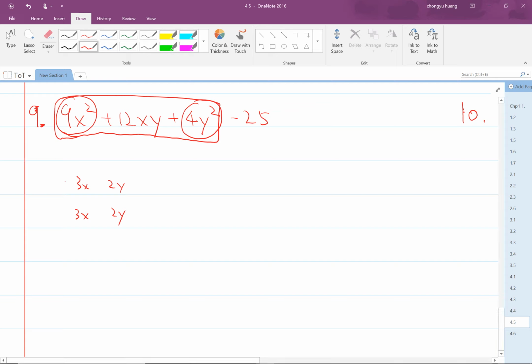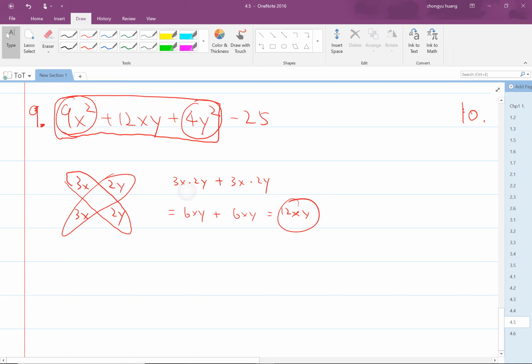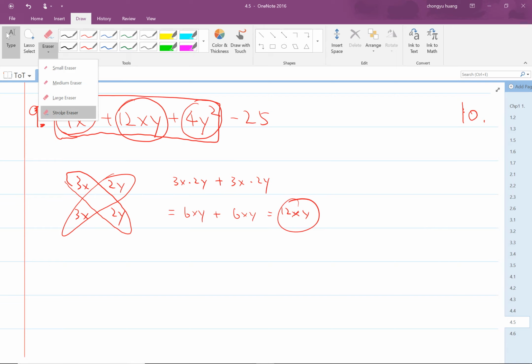Now we're going to do the cross operation. We have 3x multiplied by 2y, which is 6xy, plus 3x multiplied by 2y, which is 6xy, which equals 12xy. 12xy is the exact number we wanted as the middle term.